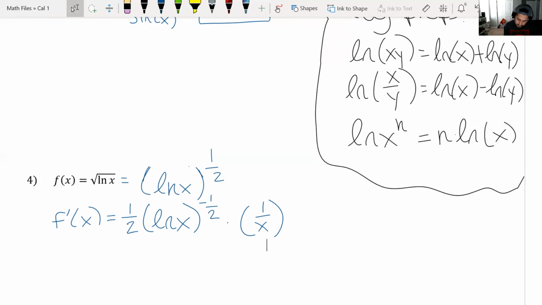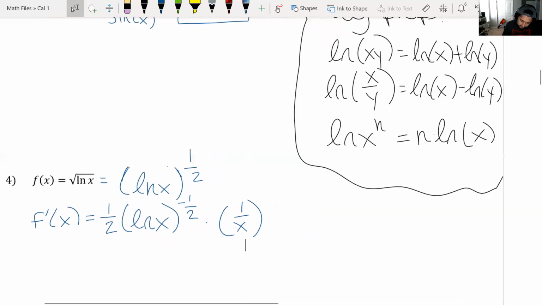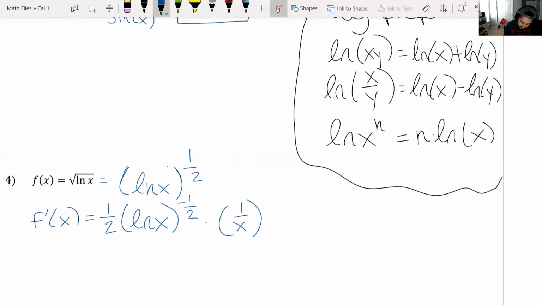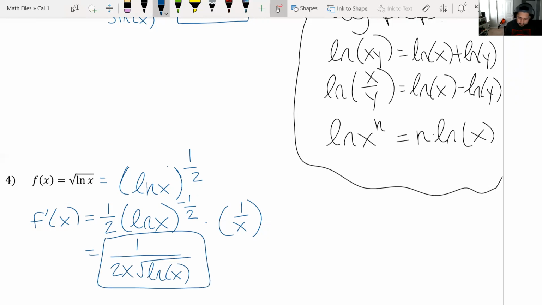Okay. Cleanup time just becomes 1 over 2x square root natural log x. Done.